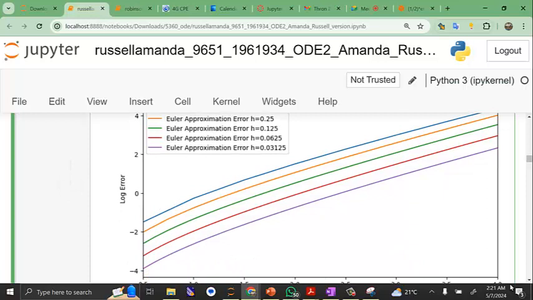All right, so that's what the slopes of these are showing. The spacing is showing that as h increases logarithmically, the error also increases logarithmically. So that's actually showing the same type of dependence of error on h. It has a power relationship, just like integrals have a power relationship.